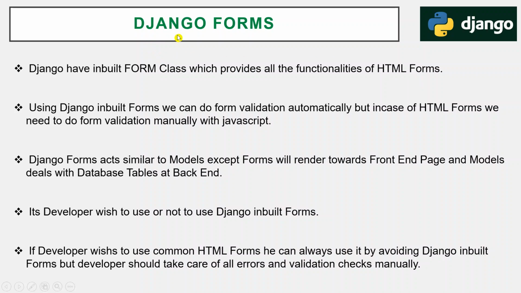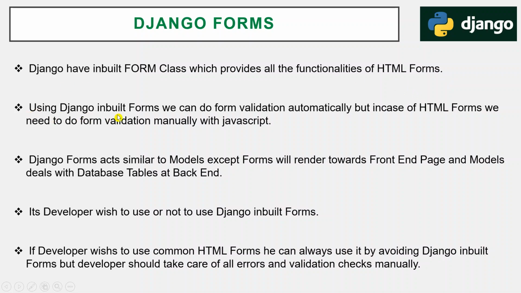But Django has an inbuilt form class which provides all the functionalities of HTML forms. Whatever functionalities HTML forms provide, the Django inbuilt form class also provides. Now, what is the advantage of using the Django form class instead of HTML forms?